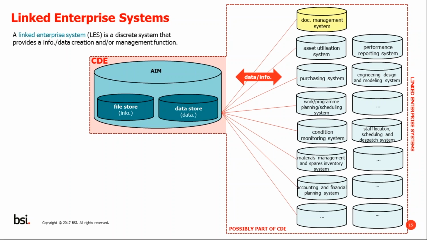It can be collectively branched off into these linked enterprise systems, and you take this holistic view that the asset information model is contained across both the asset information model within the CDE, but also there's information retained within these linked enterprise systems. One of the things that we look at is how this information is transferred and verified across the CDE and the linked enterprise system.